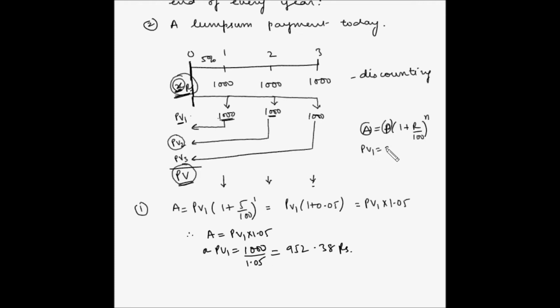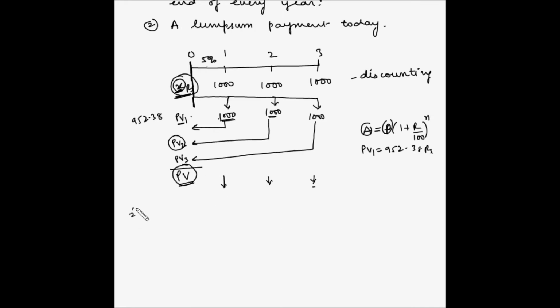So let me note this down here. PV1 is equal to 952.38 rupees. Now let's proceed to PV2. So again, A is equal to PV2 into 1 plus R by 100 to the power n.